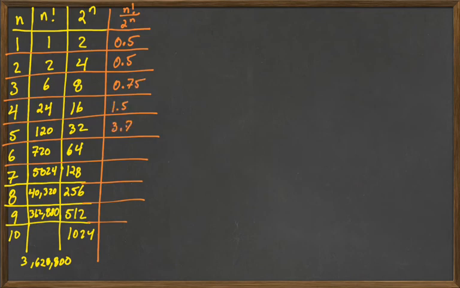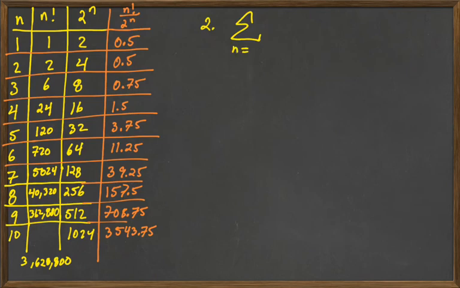And then 1.5 and 3.75, so we got a little bit more growth. And then 11.25, so it's getting larger now. And 39.25, so it's getting larger. And 157 and 708.75, 3,543.75, and so that certainly does not look like that is going to 0. It looks like it's going off to infinity.